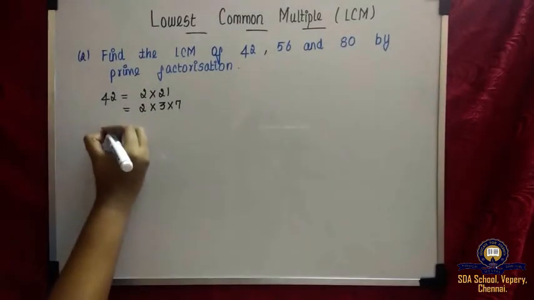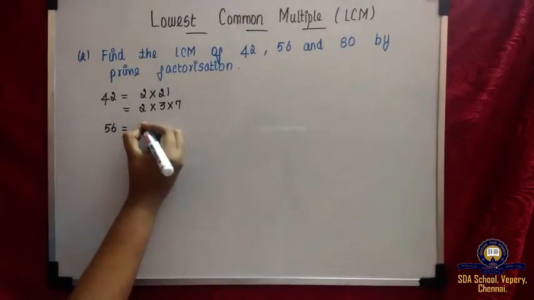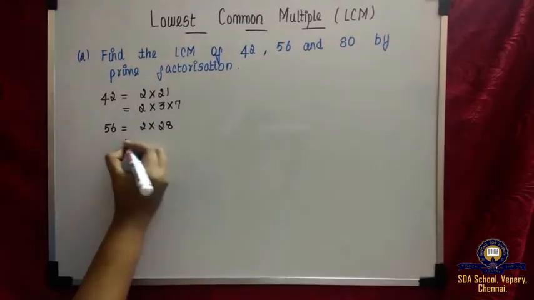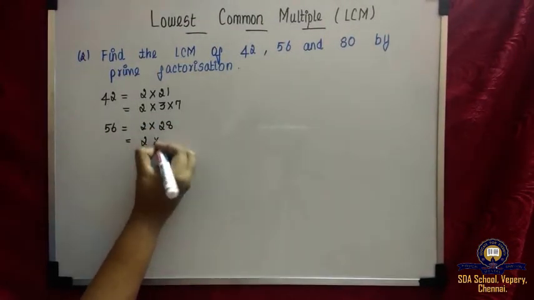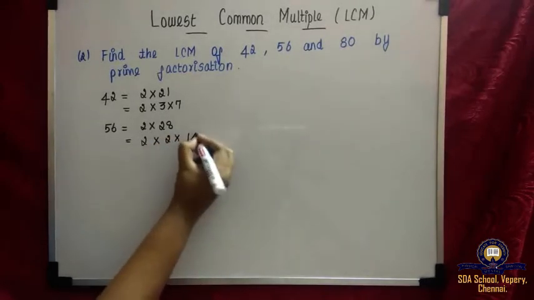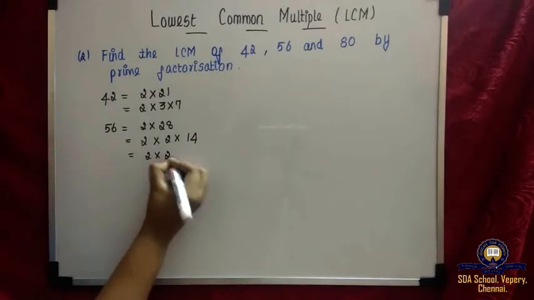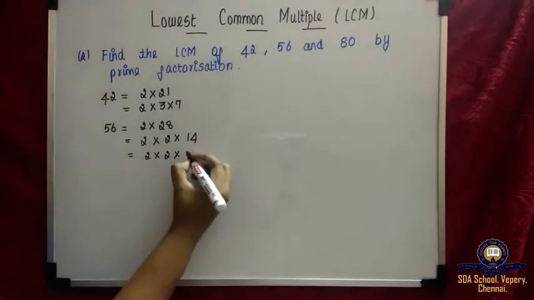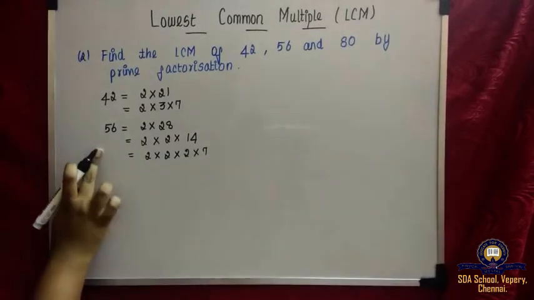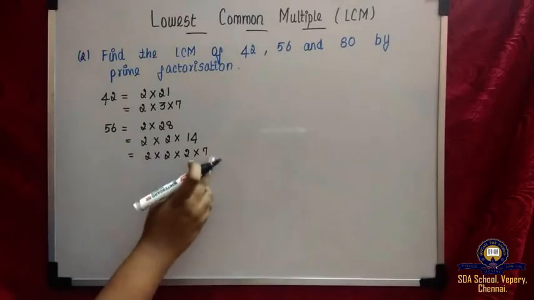Next is 56. 56 can be written as 2 into 28. 28 can be written as 2 into 14. 14 can be written as 2 into 7. So the prime factors of 56 are 2 into 2 into 2 into 7.